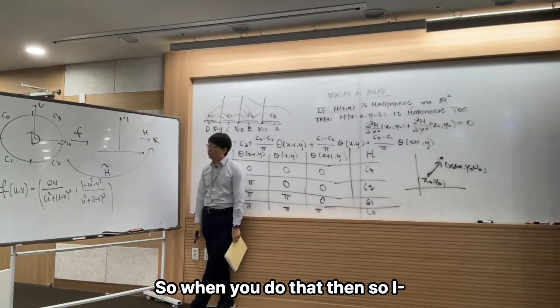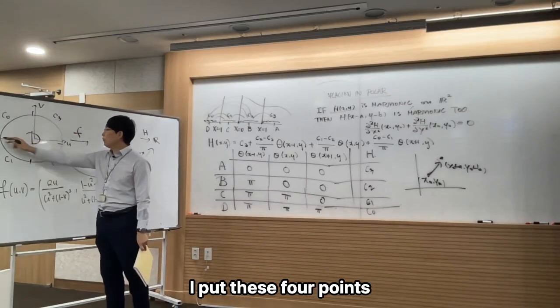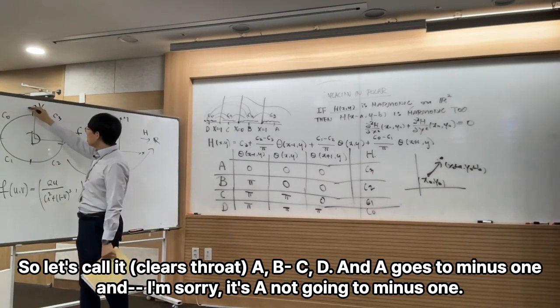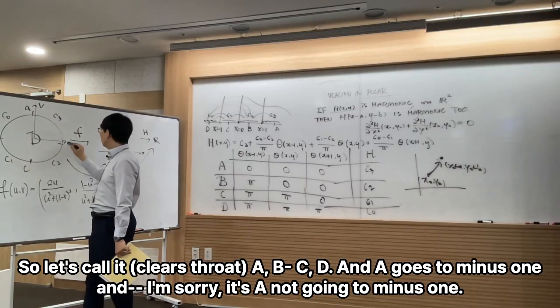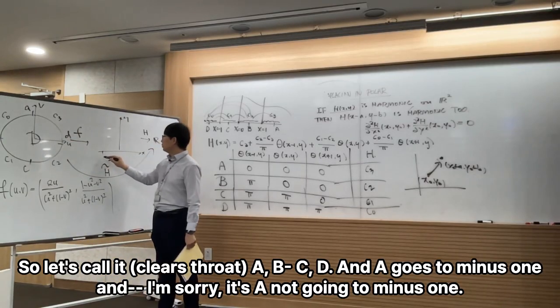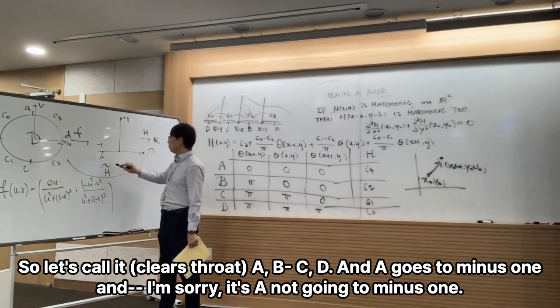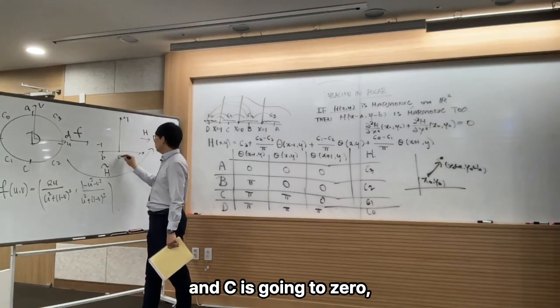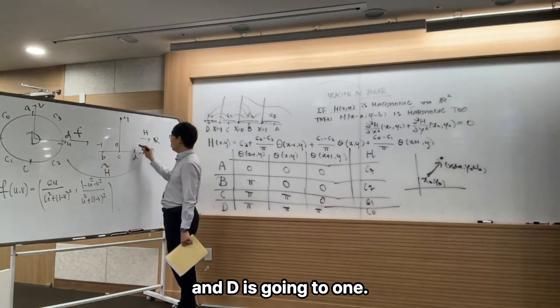So when you do that, I put these 4 points in a symmetric way. So let's call them A, B, C, D. And A goes to -1, sorry, A is not going to -1. B is going to -1, and C is going to 0, and D is going to 1.